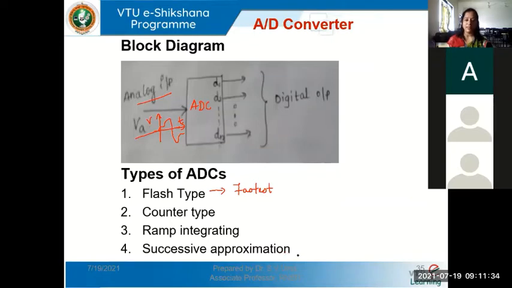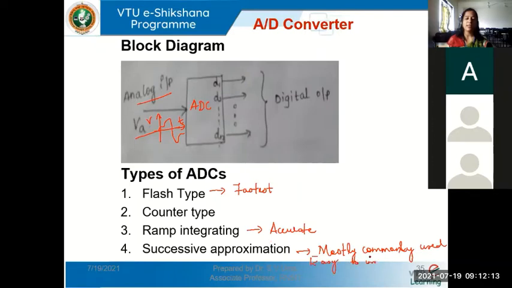And finally comes the successive approximation ADC, which is one of the most commonly used ADCs. I can say the ramp or integrating type is highly accurate. Among others, the ramp or integrating type of ADC will give you very high accuracy, and the successive approximation type is the most commonly used ADC because it is easy to implement.